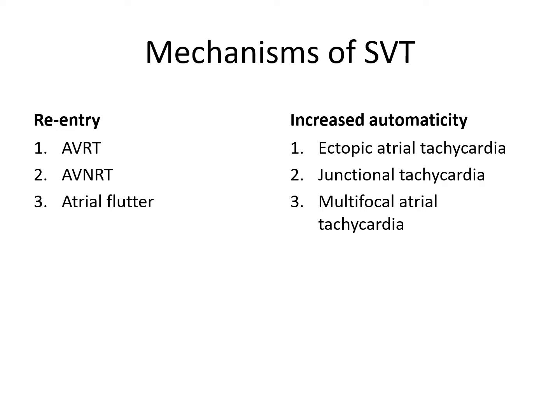One important mechanism is re-entry, which we will discuss subsequently. Arrhythmias generated due to re-entry include AVRT, AVNRT and atrial flutter. The other important mechanism is increased automaticity. This leads to arrhythmias including ectopic atrial tachycardia, junctional tachycardia and multifocal atrial tachycardia.